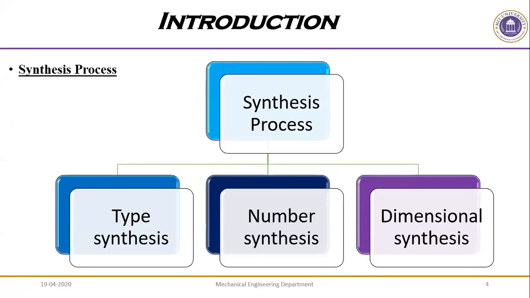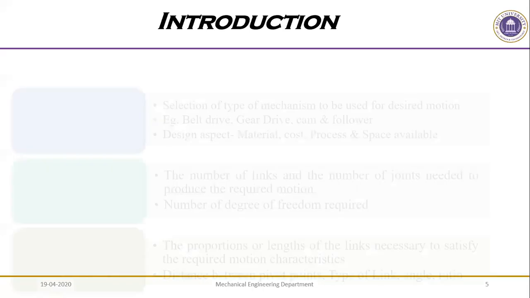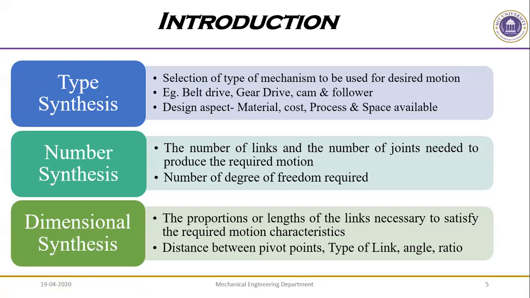Now the synthesis process is done in 3 steps. First step is type synthesis, second step is number synthesis, and third step is dimensional synthesis. Type synthesis is the first step in synthesis. What it means: suppose they have given that we require some type of output.